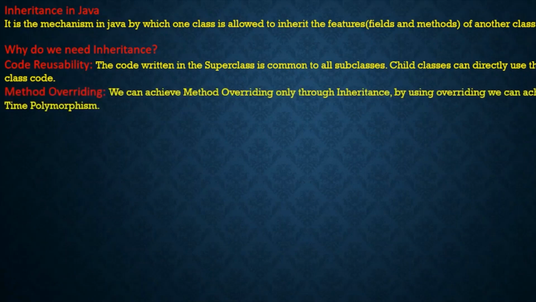Okay. And method overriding. By using inheritance we can achieve method overriding. Okay, what do you mean by method overriding? Let me give you a brief idea. For example, there is a method in the superclass, the base class.